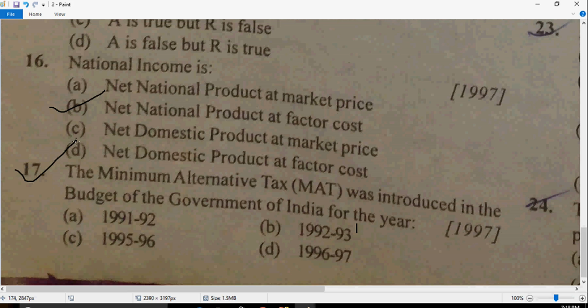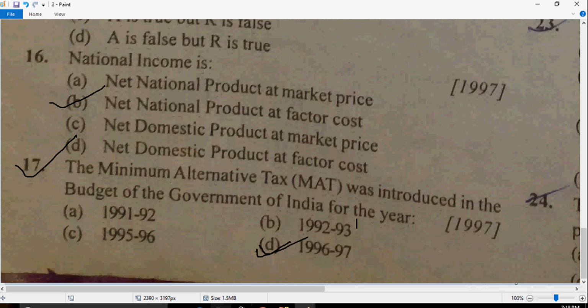Under the MAT, a company is required to pay a minimum tax of 7% of book profit in the case where tax on the total income computed under the normal provisions of law works out to less than this amount. So it is going to be 1996-97, of course. So D is going to be correct.